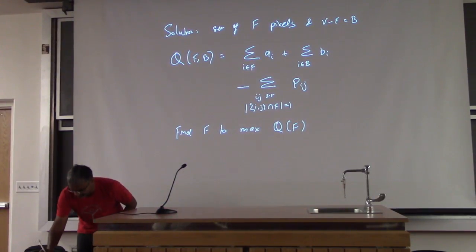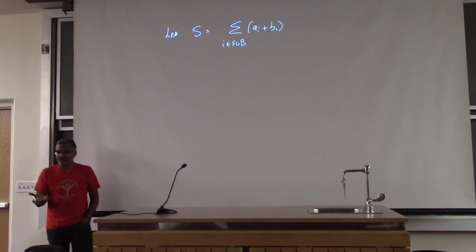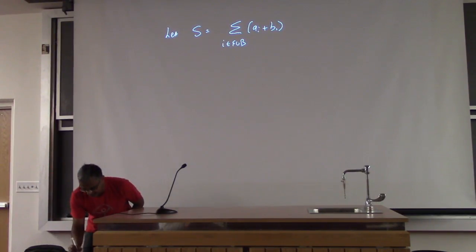trick that often works. So let S equal the sum of a_i plus b_i for all pixels. So that's F union B. You just add up everything. Clearly this is a constant. This is just part of the input, just adding up all the numbers. And now let's compute.